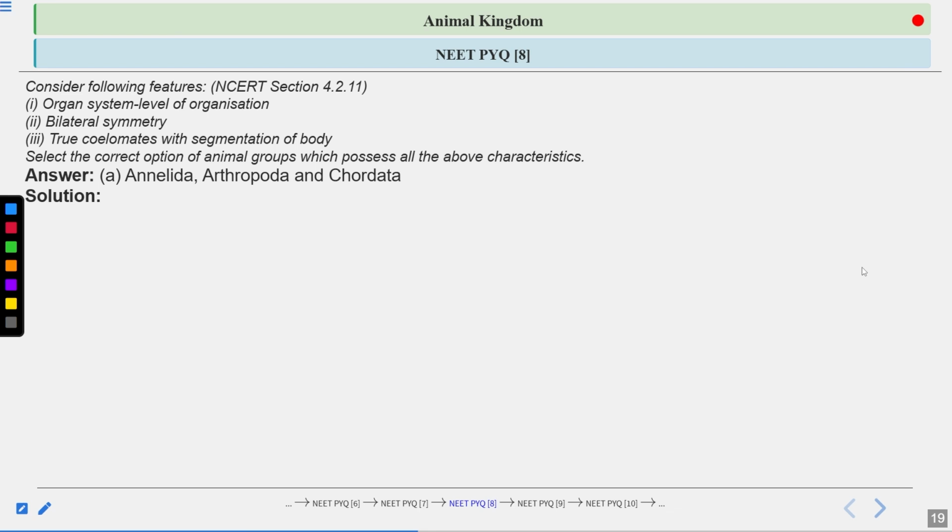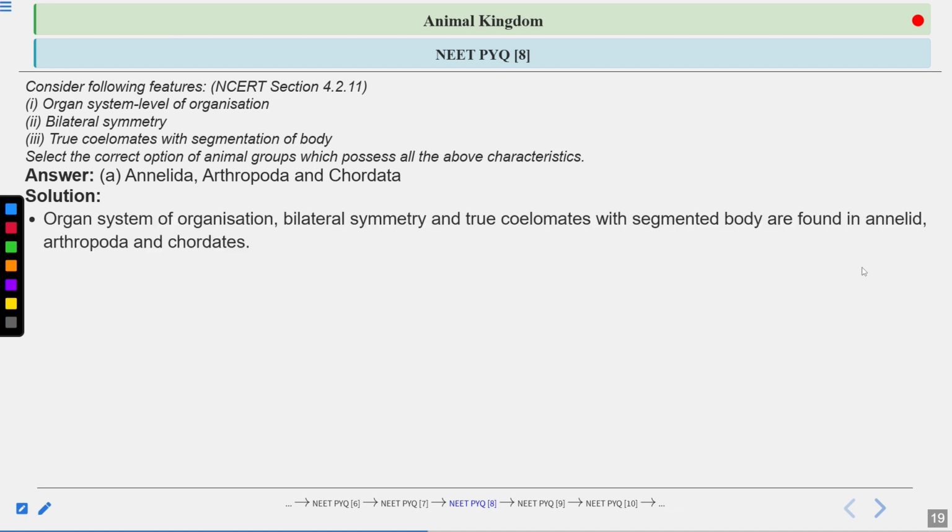So this was our question and the correct answer is Annelida, Arthropoda and Chordata. Organ system level of organization, bilateral symmetry and true coelomates with a segmented body are found in the annelids, arthropods and chordates.